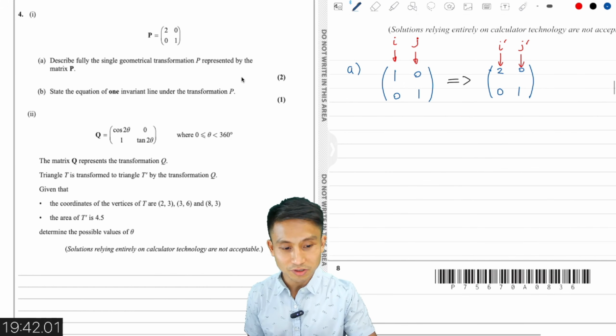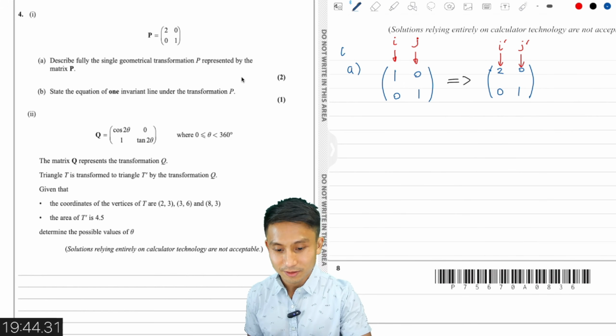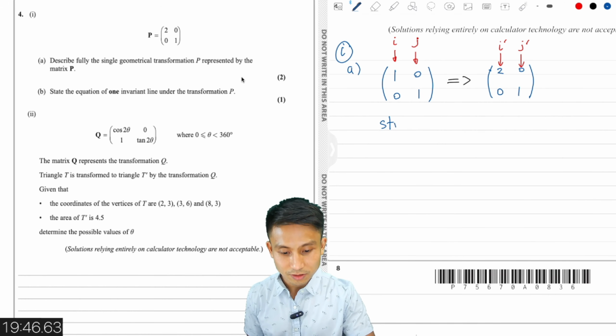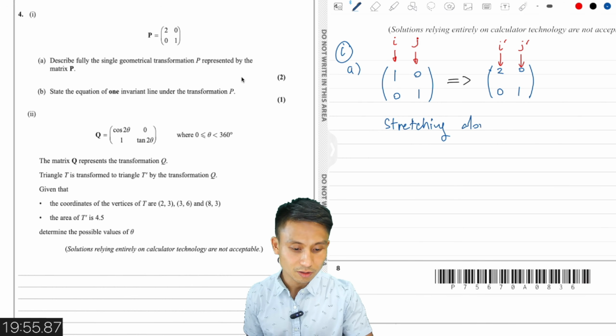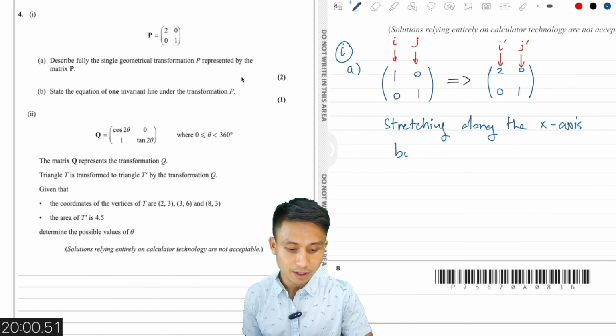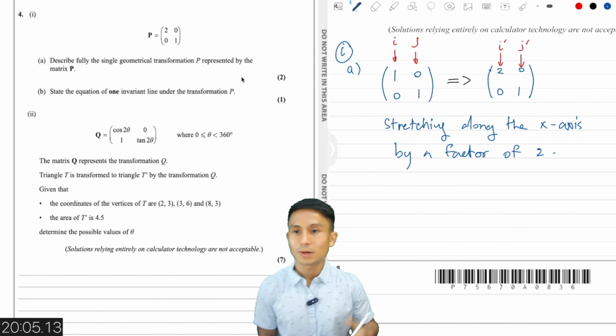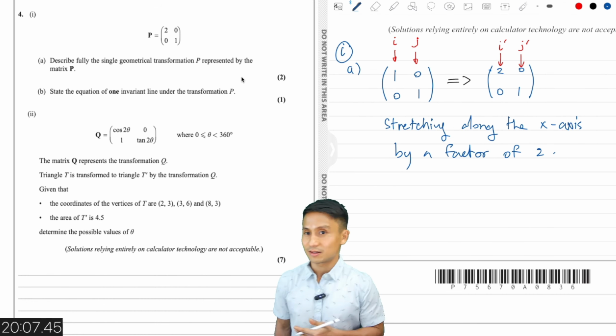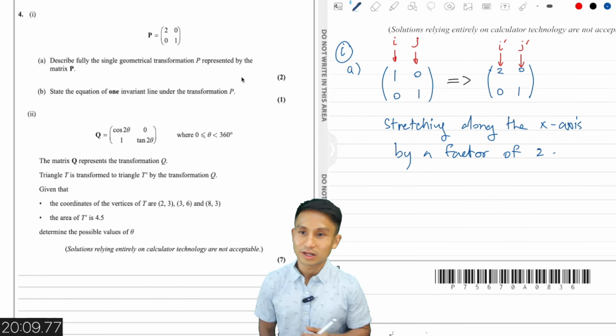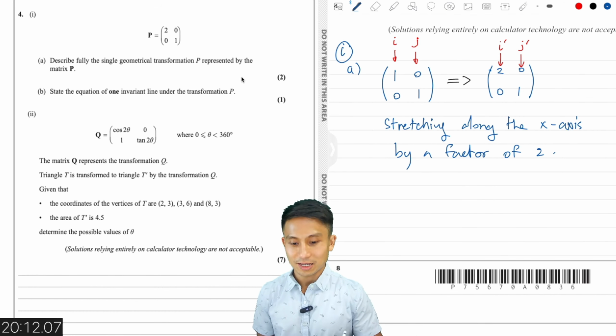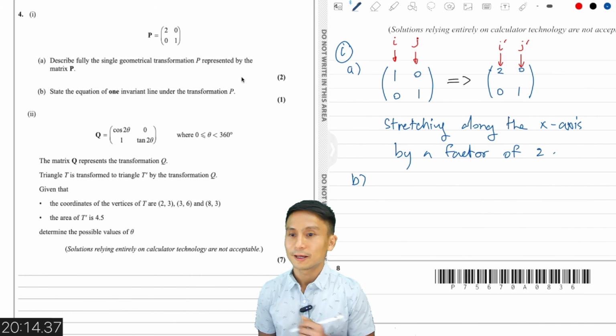So that would be the description. Easy, yeah? This is part i. So, stretching along the x-axis by a factor of 2, or some people might prefer saying dilate along the x-axis, just in one direction. Okay, so that should be it for part i.